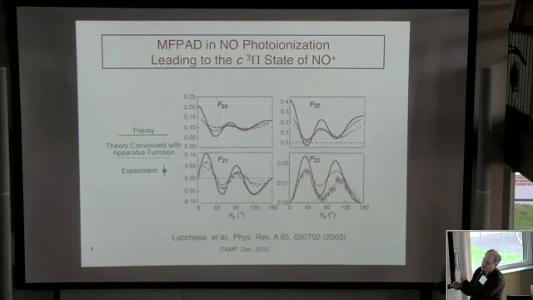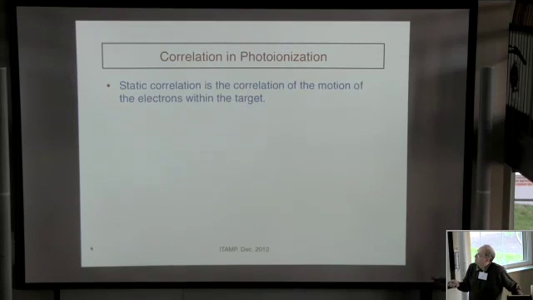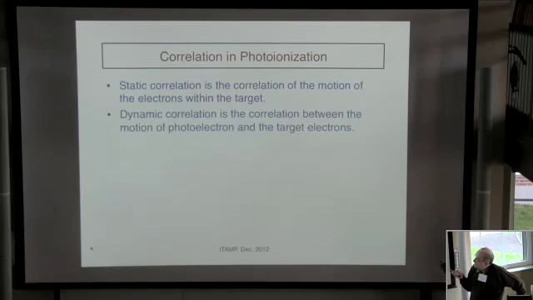Then there's a convolution with the apparatus function, basically the fact that there's some finite resolution in the detection times and the finite interaction volume. Going from the actual fixed molecular frame to including these experimental effects, we get fairly good agreement between theory and experiment. But these 4 functions for linearly polarized light tell the whole story. Once you have these functions, you know everything about the MF pad in these systems.